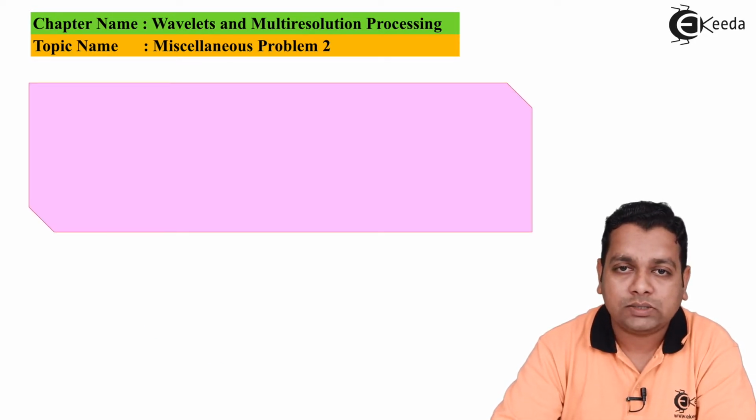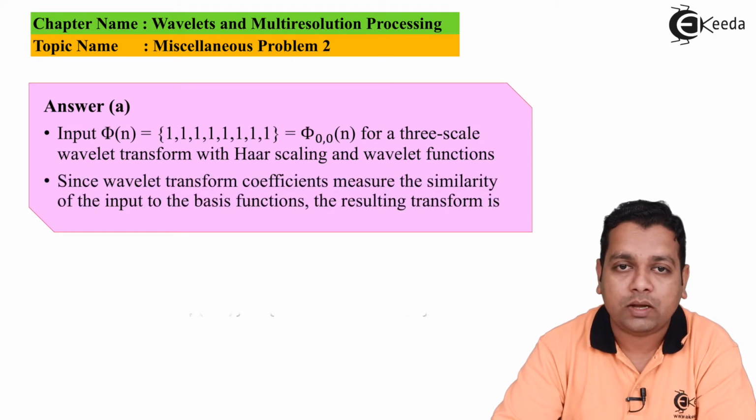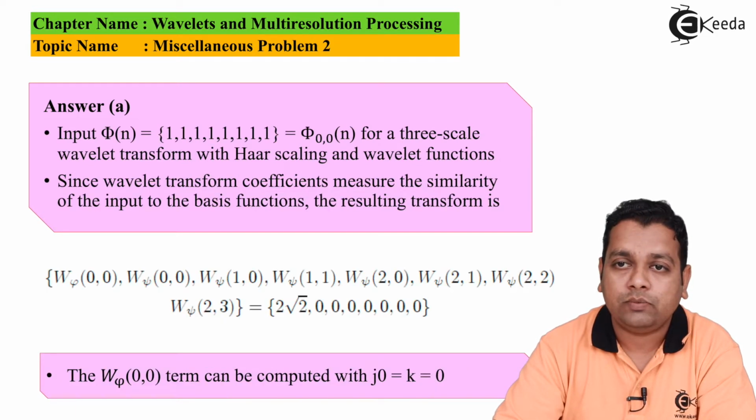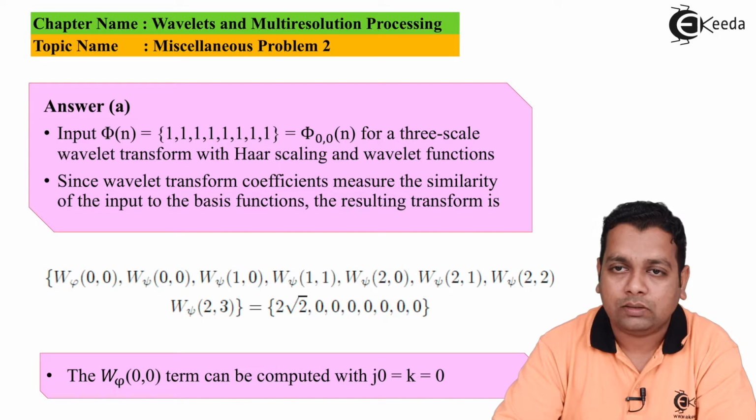So this is the part C where we are required to find the input sequence if the transform value is known to us, and within the coefficients of the transform values, one of the coefficient value at the 7th position, if you start at 1, so it is capital B here, and the condition for this particular one is given that W suffix psi of 2, 2 is actually the B here.